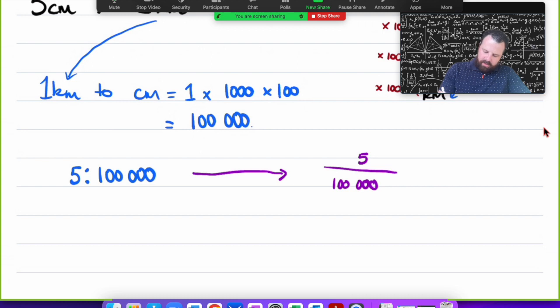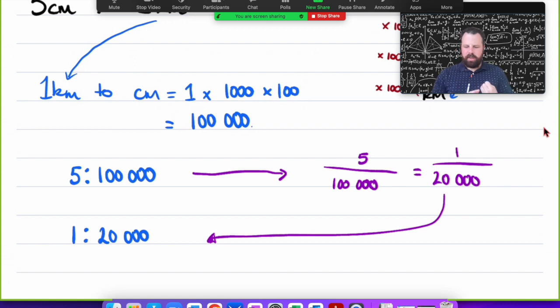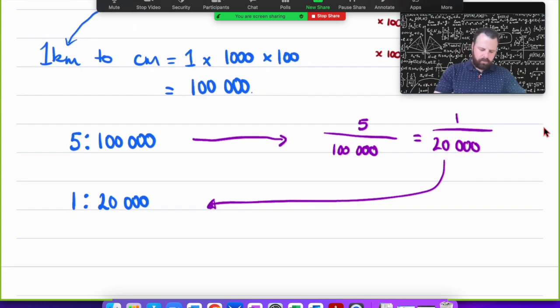The calculator is going to say 5 over 100,000 is 1 over 20,000. So our scale is 1 to 20,000, which means 1 unit on the copy is 20,000 on the original.